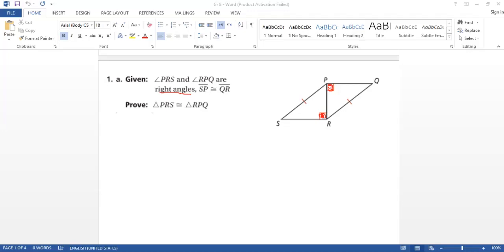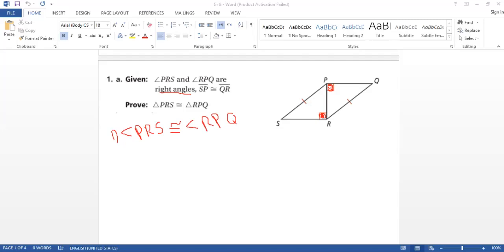Let's search for the three conditions of the congruency. You have to think. Let's write the three conditions. Condition number one, we have angle BRS is congruent to angle RPQ.